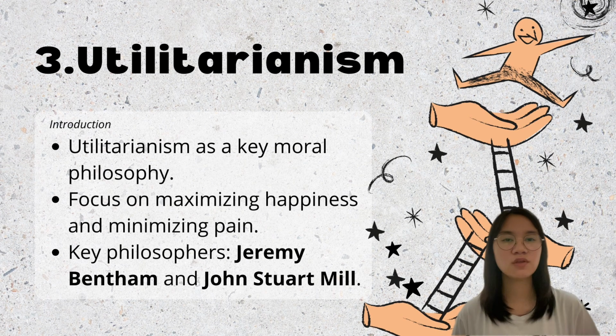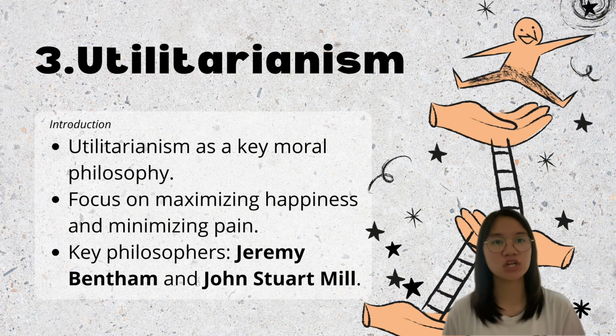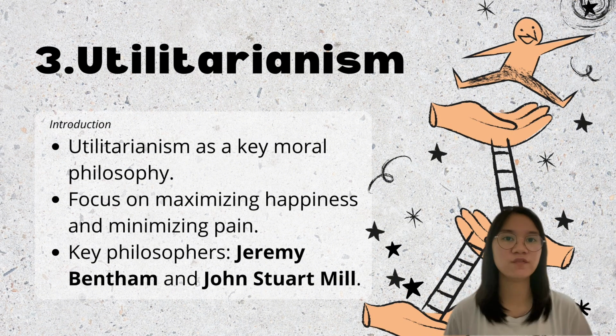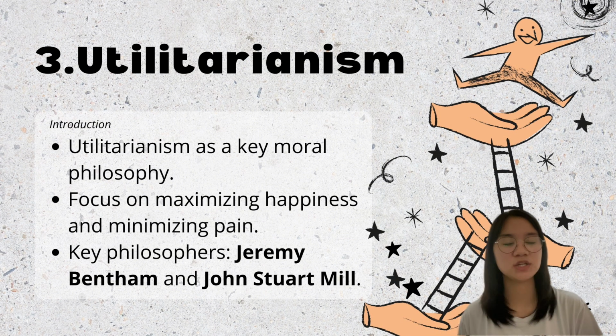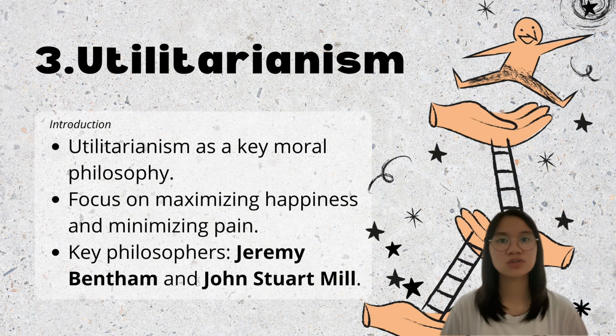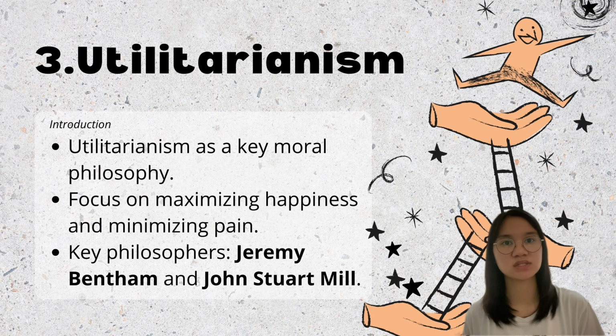The theory was initially formalized by Jeremy Bentham, who proposed a straightforward, measurable approach known as quantitative hedonism, which focuses solely on the amount of pleasure an action can produce. However, utilitarian thought was further refined by John Stuart Mill, who introduced the idea that not all pleasures are of equal value.